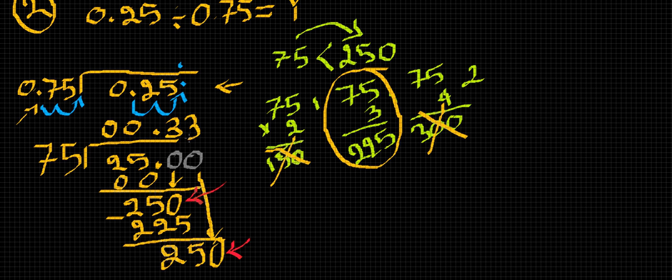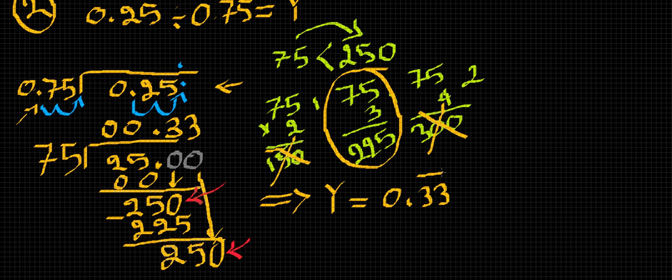Now, my answer over here would be y equals 0.33. Now I'm going to put this line above it because it's going to repeat. You could check it now with your calculator.